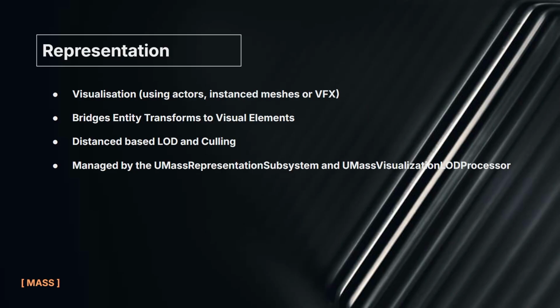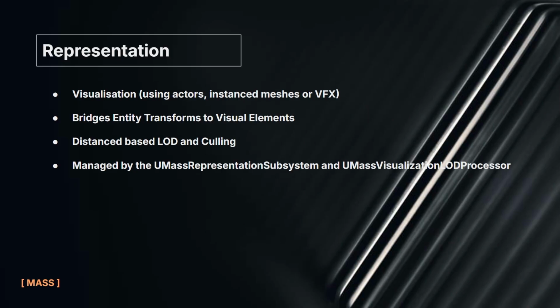The other thing is there is representation built into mass, so it's really good too. It's got all the LOD set up in there. There is some stuff you need to configure for the mass visualization LOD processor in the settings, but we'll cover that in the next video. But the representation system handles distance-based LODs, so when you're really close, you can have an actual actor.